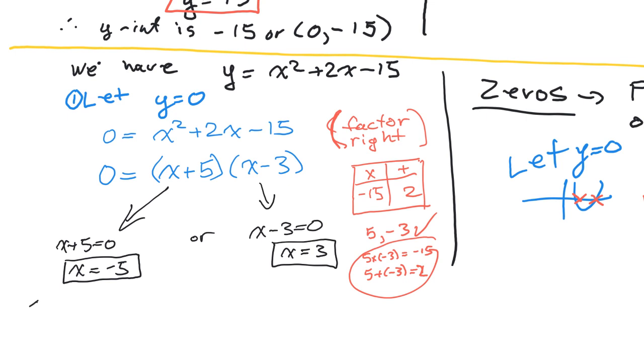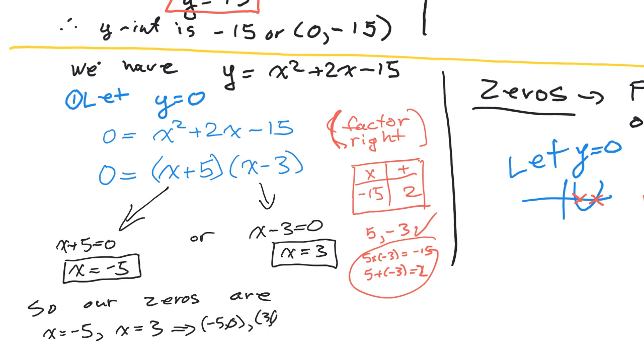So now you can say our zeros are the following: x is equal to negative 5, or x is equal to 3, which means we have points of (negative 5, 0) or (3, 0). And that's it. That's literally it.